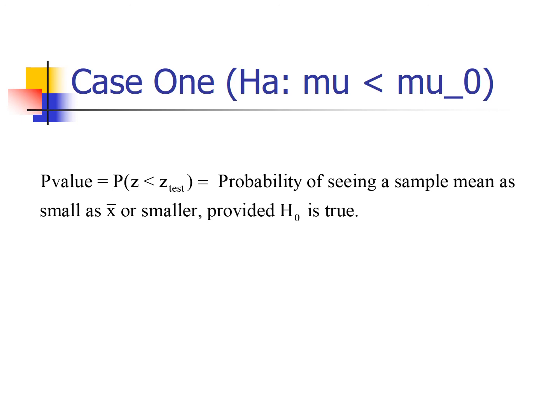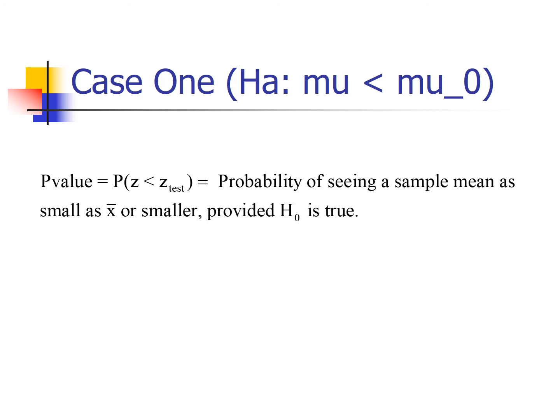And so our test statistic, which is the number of standard deviations above or below the hypothesized mean, should be negative. Does that make sense? I want you to think about that and look at the formulas. If I expect my sample mean to be less than the hypothesized mean, anytime that happens, I'm going to have a negative test statistic.